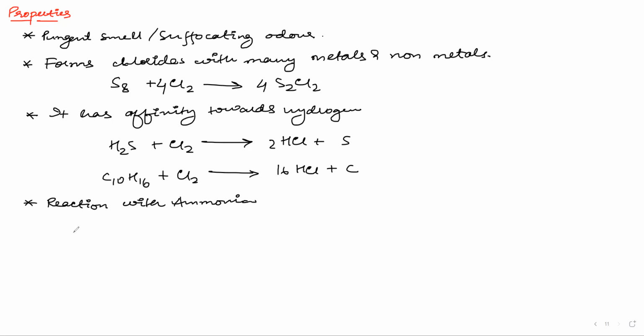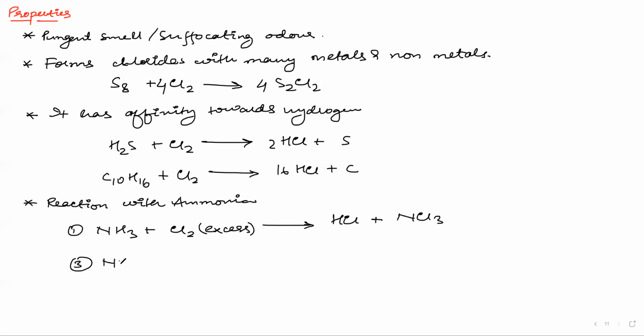If you have NH3 plus Cl2 in excess, then you will form HCl, obviously, because it has affinity towards hydrogen, and you will get NCl3. Third point, if you have NH3 in excess plus Cl2, then what will happen?